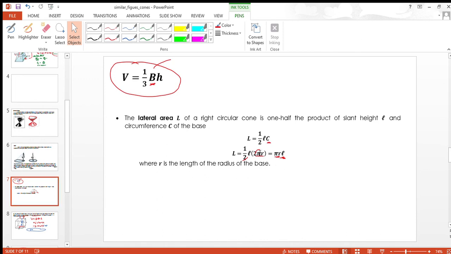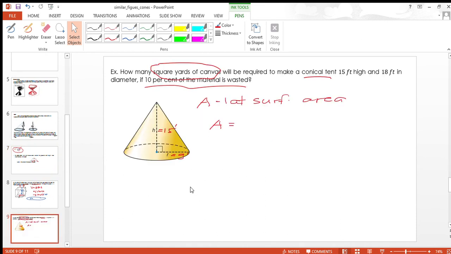Here's the formula. Lateral area is pi RL, radius, and then the slant height. So area is pi RL. So R is already given, and this is now our L, which is our slant height.